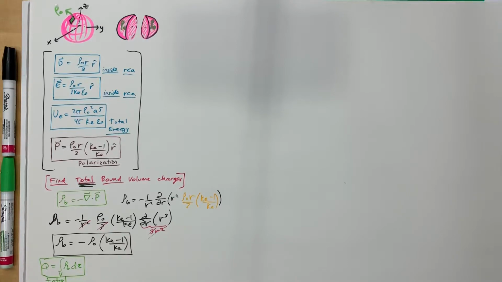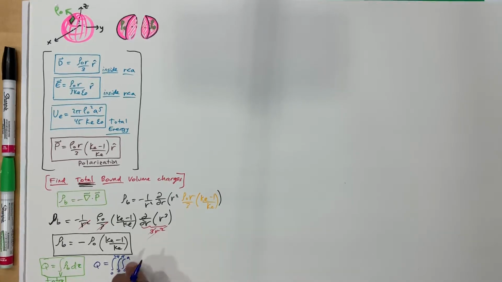Okay, and let's plug things in. Let me do this in blue. Q is going to equal, and that's for total, so I'm not going to label it, but we know what it's for. We're going to have 3 integrals, 0 to 2 pi, 0 to pi, and then this one is going to be 0 to a.